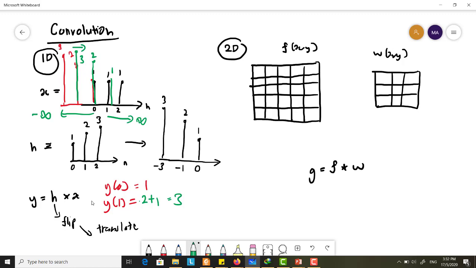Okay, just don't worry about the notation, because this is the standard way in many textbooks.